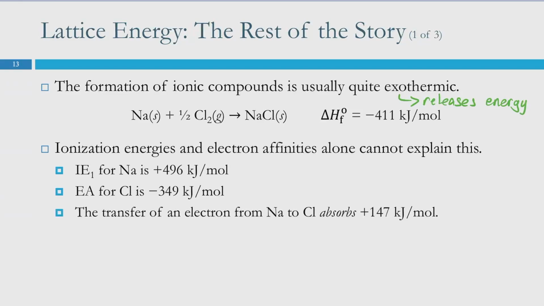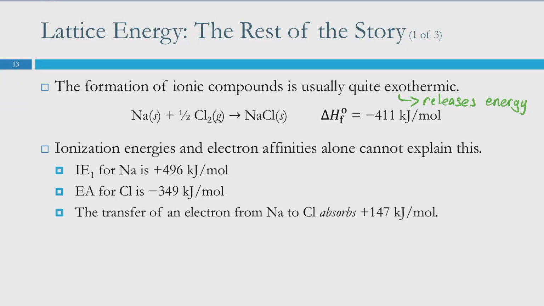The ionization energies and electron affinities don't completely explain why this is so negative. Our first ionization energy for sodium takes some energy. We have to put in energy, 496 kilojoules per mole. Our electron affinity for chlorine is minus 349 kilojoules per mole.